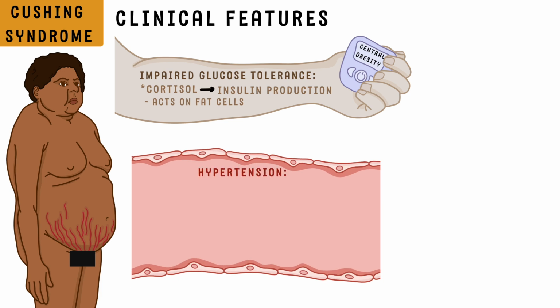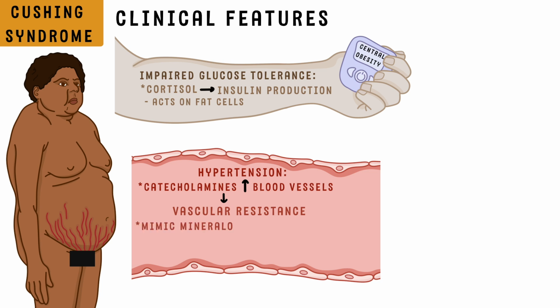First, it enhances the effect of catecholamines on blood vessels, leading to increased vascular resistance. Second, cortisol can mimic mineralocorticoids by binding to their receptors, which normally respond to hormones that regulate blood pressure. This binding leads to fluid retention and further elevates blood pressure.